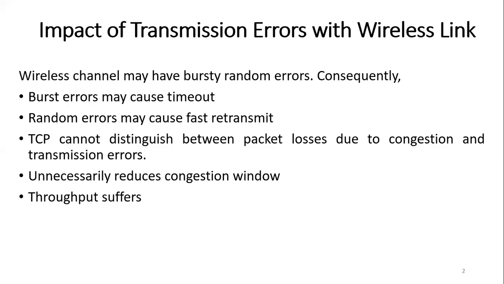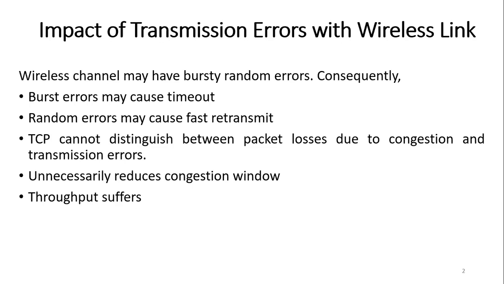But in the case of a wireless link, very commonly the reason is something different. With a wired network, packet losses due to errors or a poor link, where the packet cannot be detected correctly, are very rare.